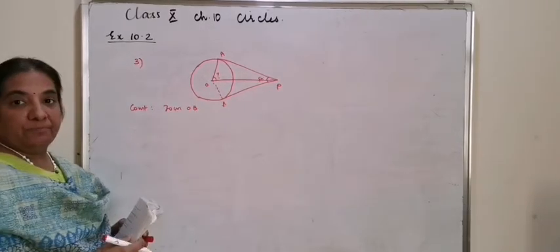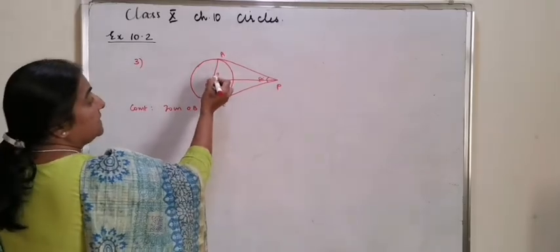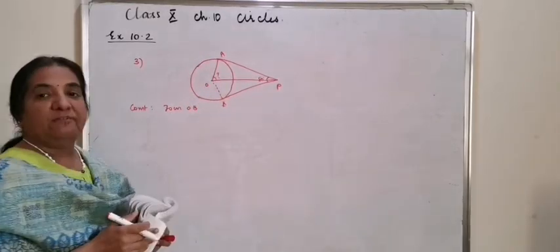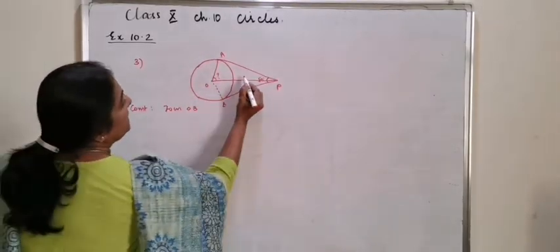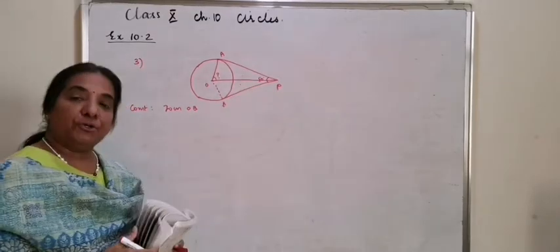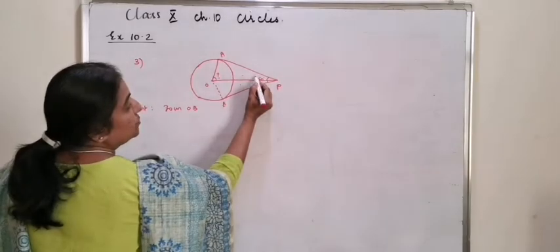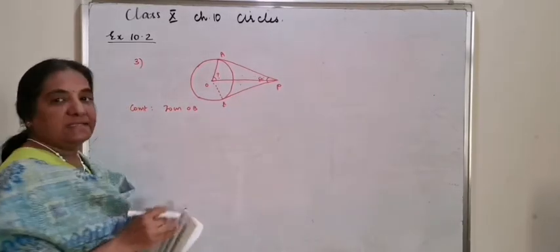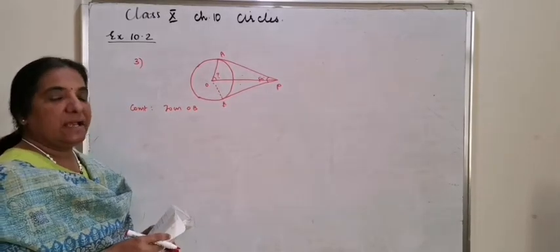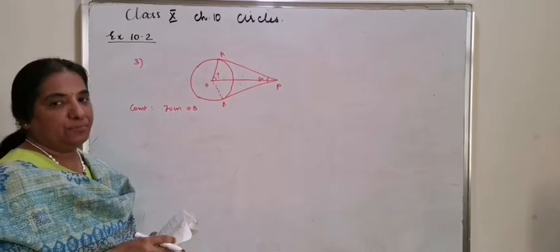Now here, to get angle POA, we have to prove that these two triangles are congruent, from which you can get the two angles here as equal parts, and we can use the angle sum property.